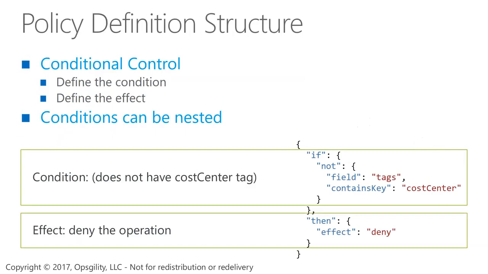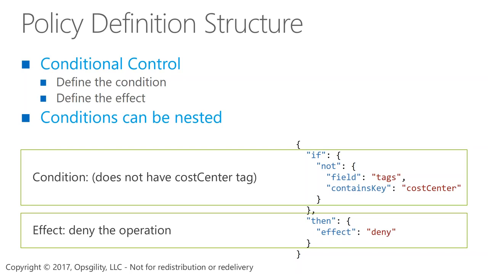Let's take a look at how policies are defined. Policies are JSON definitions. So if we're creating a custom policy, we're going to be authoring that using JSON, JavaScript Object Notation. The structure of a policy is going to have two key parts: there'll be a conditional control, and then there'll be an effect.